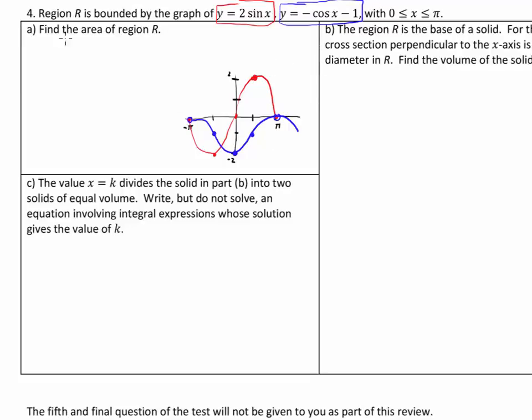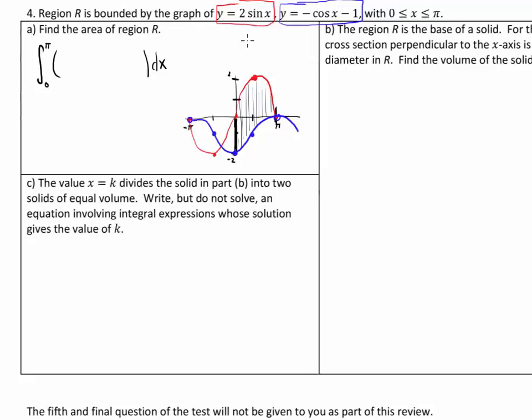All right, so find the area of region R. We're going from 0, so from there to there. We're doing little vertical lines like that, so we're doing this with respect to x. So we've got the integral starting at 0 and going to pi of top minus bottom, with respect to x.